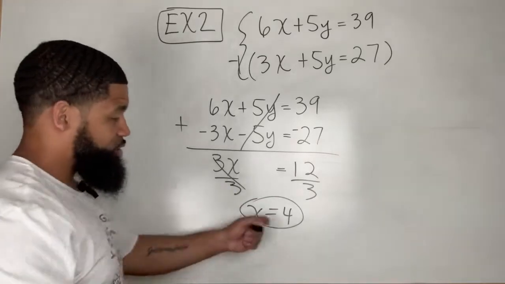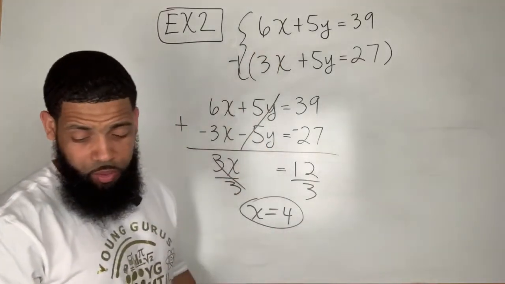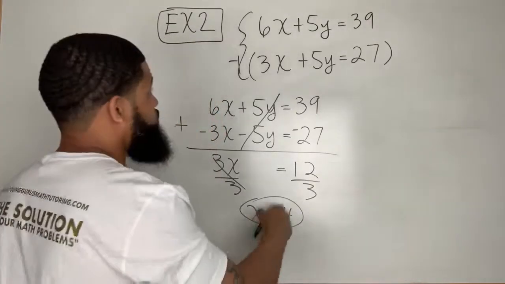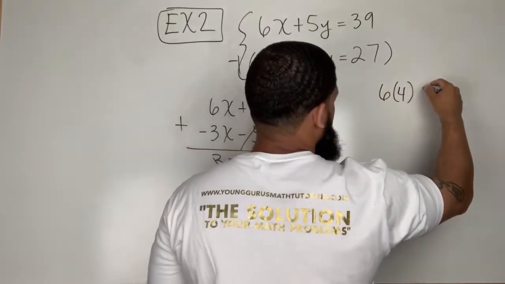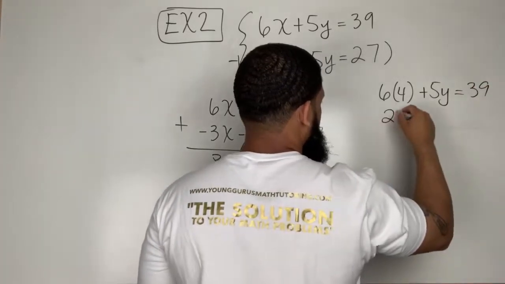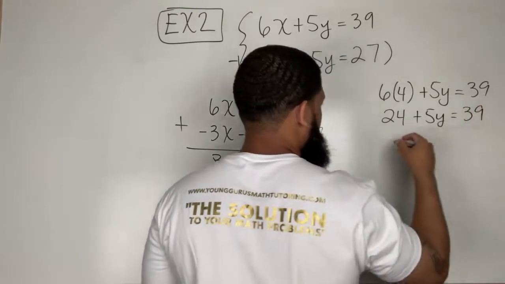I still have to substitute that x into one of the other equations. I'm going to plug it into the first one. So 6 times 4 plus 5y equals 39. That gives me 24 plus 5y equals 39.